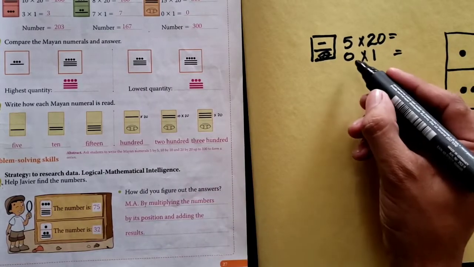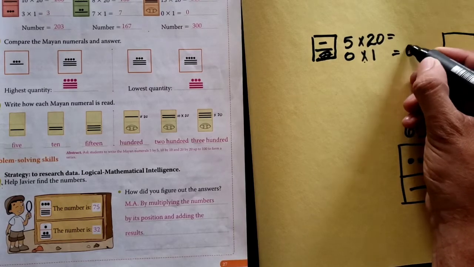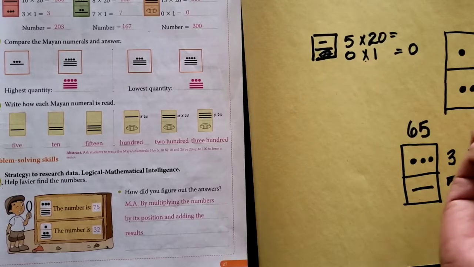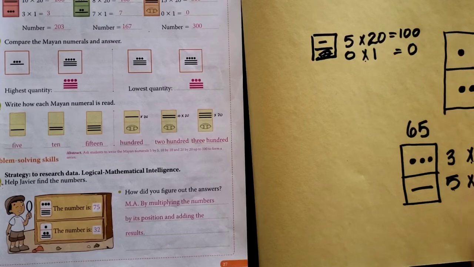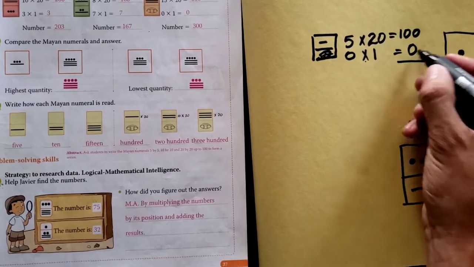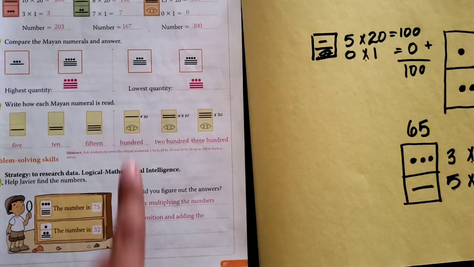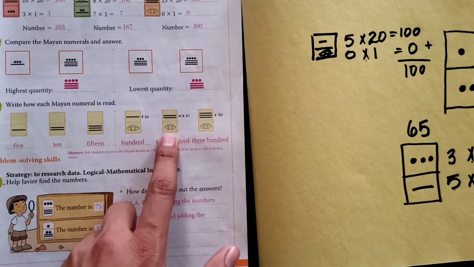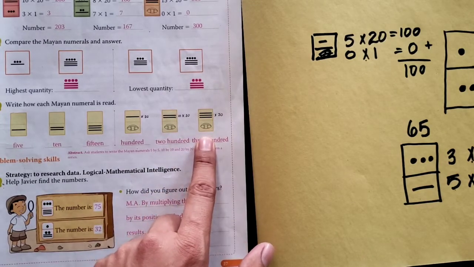The first floor is the ones, the second floor is the 20s. So let's see. 0 times 1, 0. 20 times 5, or 5 times 20, the way you want, it is 100. So 100 plus 0, 100. And this is the way you write 100. Here I have 200, and here I have 300.